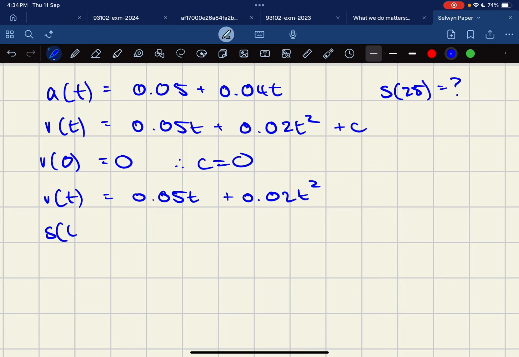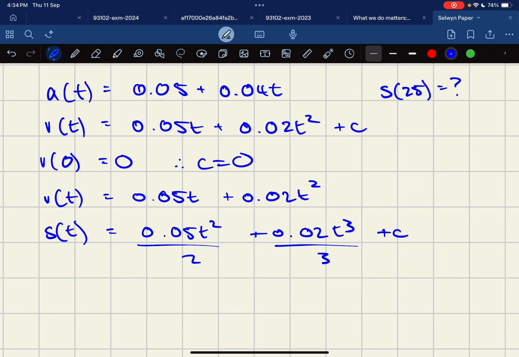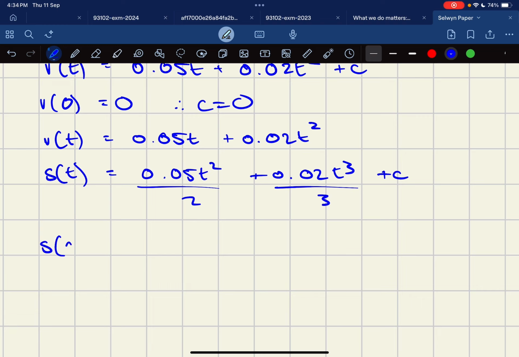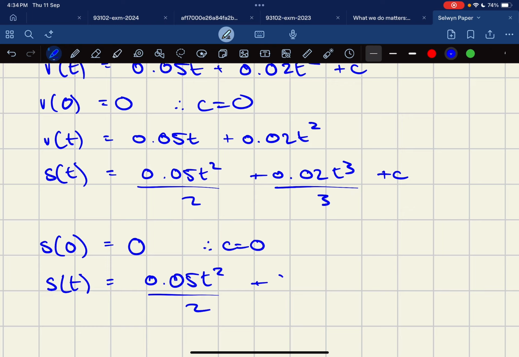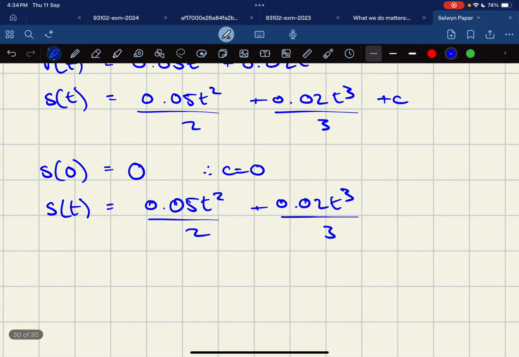And you integrate this again to get s of t is 0.05 t squared over 2 plus 0.02 t cubed over 3 plus c. And again, you assume that when it starts, the displacement is 0, so therefore c is equal to 0. So the displacement is 0.05 t squared over 2 plus 0.02 t cubed over 3. And then you just substitute in t is equal to 25.